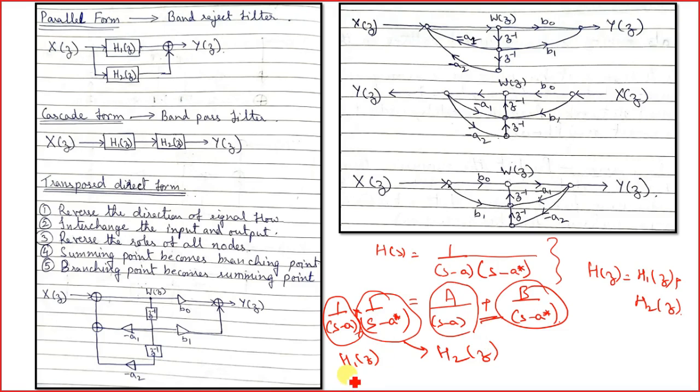So you have to implement H1(z) and H2(z) separately, then you have to cascade it. Okay. Did you get my point? Yes, sir. Good.